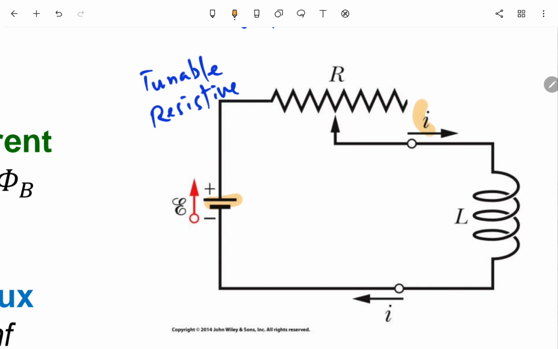So this tunable resistor is just to adjust the current going through. This is the R, and maybe there will be some small r over the whole loop. If we can change this resistance, we can define the current for this loop.